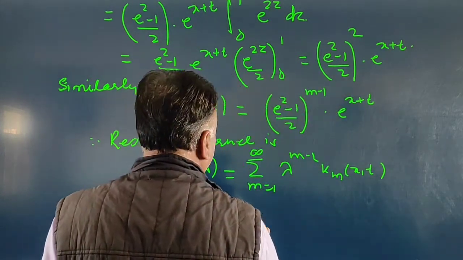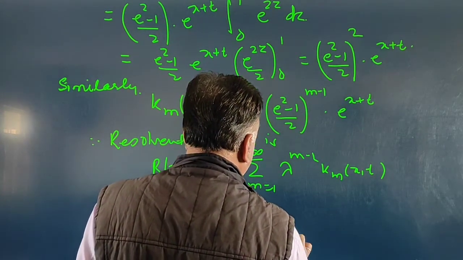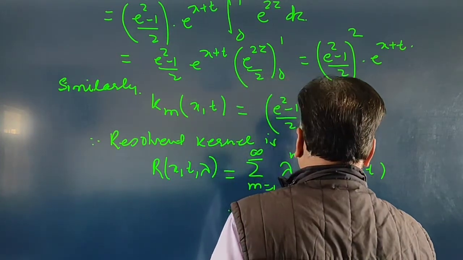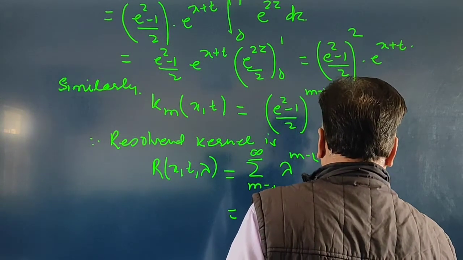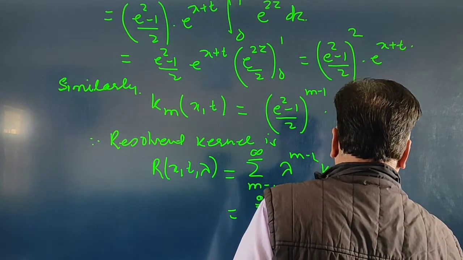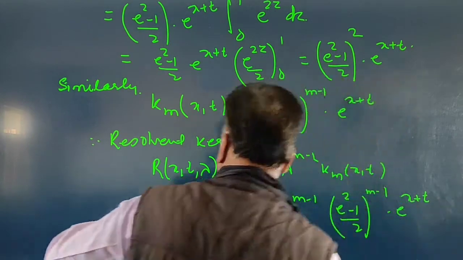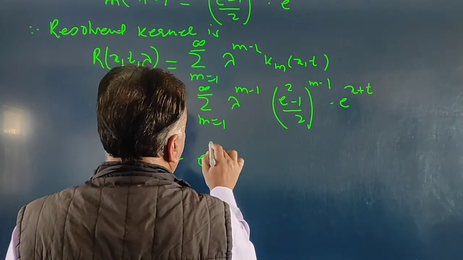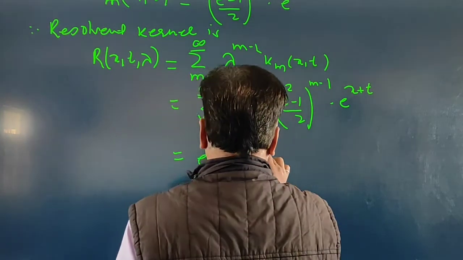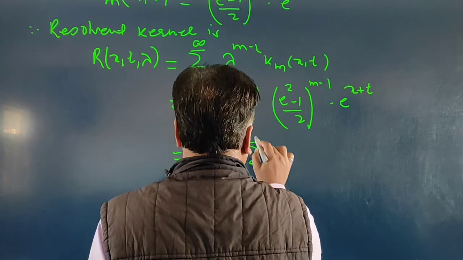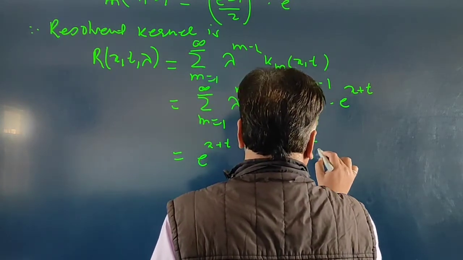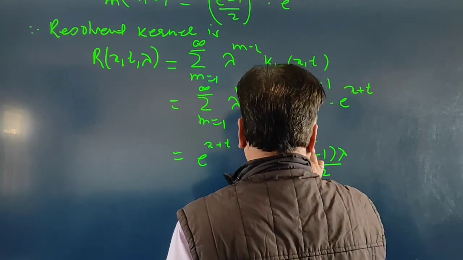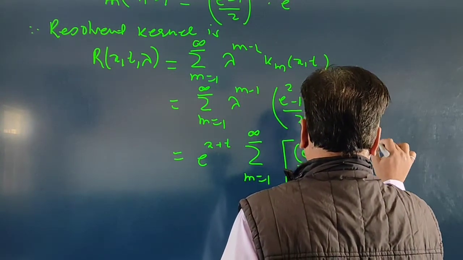If we put the value of Km(x,t), then this is the summation of lambda raised to m minus 1 times ((e squared minus 1) upon 2) raised to m minus 1 into e raised to x plus t. If we solve this, we get e raised to x plus t times the summation from m equals 1 to infinity of (lambda (e squared minus 1) upon 2) whole raised to m minus 1.